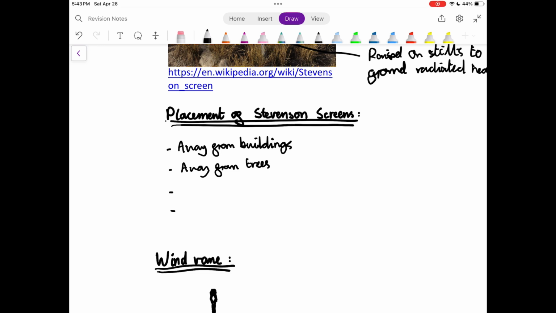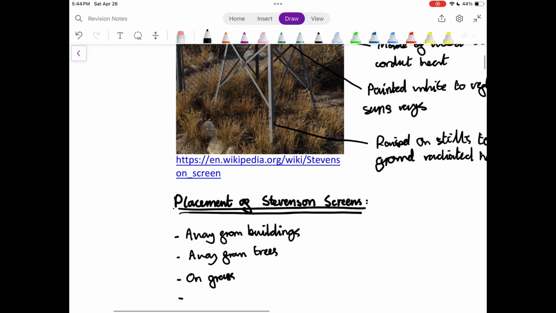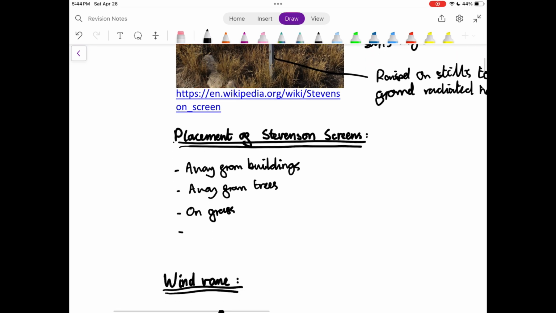It should be on grass, as you can see in this photo here, so that the heat isn't absorbed by the ground. And it should also be away from the public, so that it doesn't get tampered with or vandalized, so that the data collected is more reliable and accurate.